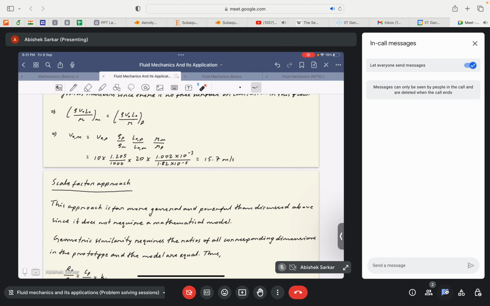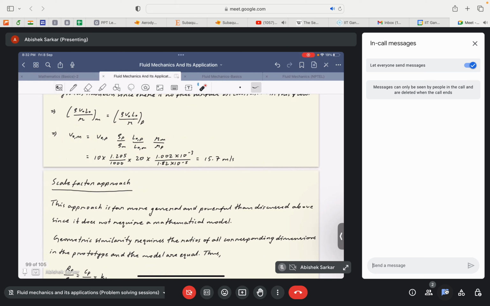Since we need the velocity of the model that is being tested in water, we modify the equation and get this final form. Substitute the density of water and air as well as the length scales and viscosities to finally get the velocity of the model in the water, which should be 15 meters per second.